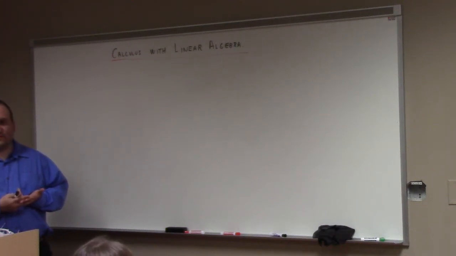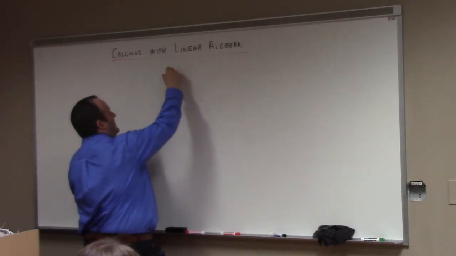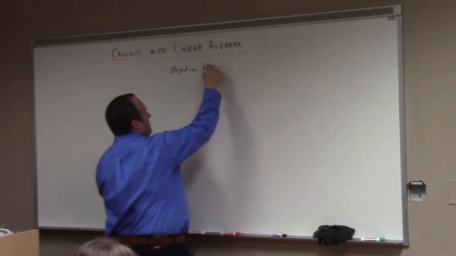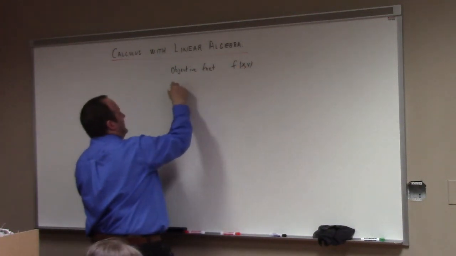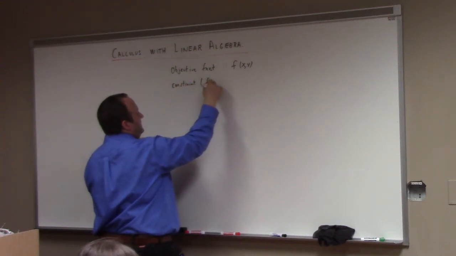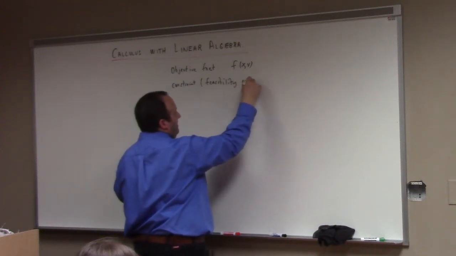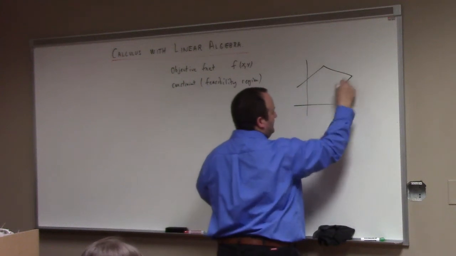But here's one of the things we're supposed to talk about in this course, which is the problem of geometric linear programming. Do you guys know what that is? The problem is this. You've got an objective function, which is, say, f of x, y. You've got a constraint, or often called feasibility region. And the feasibility region is something like this.